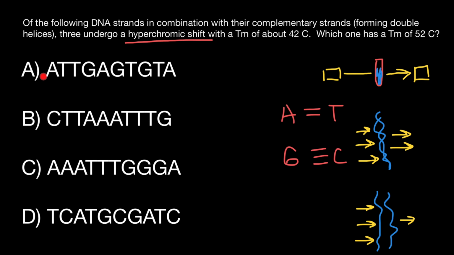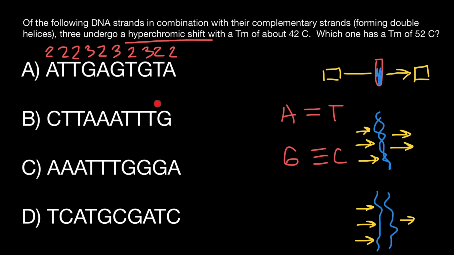For example, adenine base pairs with thymine and produces 2 hydrogen bonds here, 2 here, 2 here, 3, 2, 3, 2, 3, and 2, and 2.